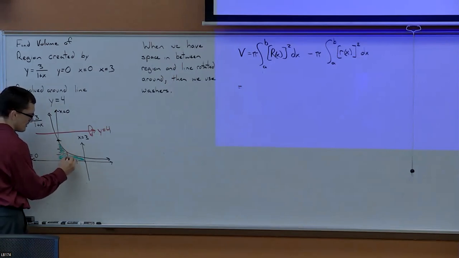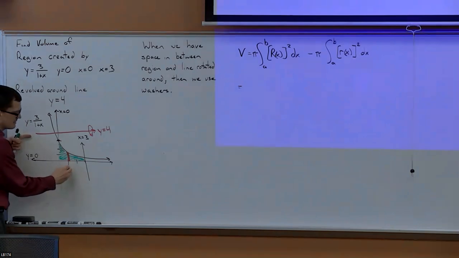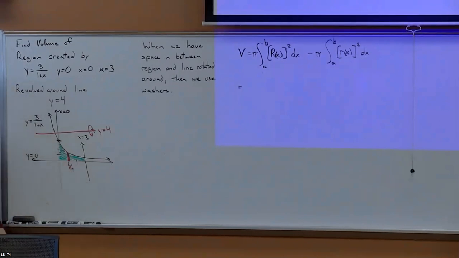A typical rectangle in the space, because we're rotating around a horizontal line, the rectangle is going to be oriented so that the width of the rectangle is some small change in x. So I am going to be integrating with respect to x.